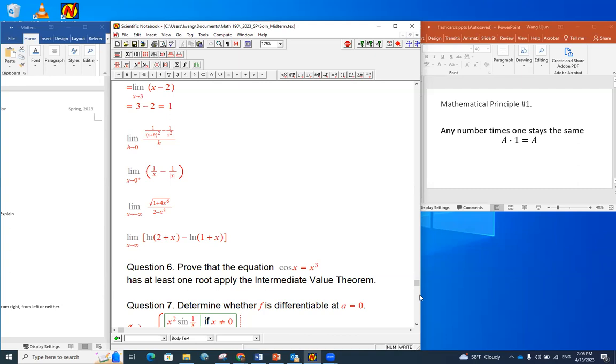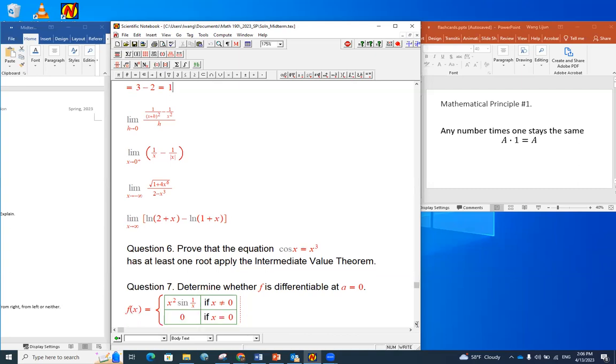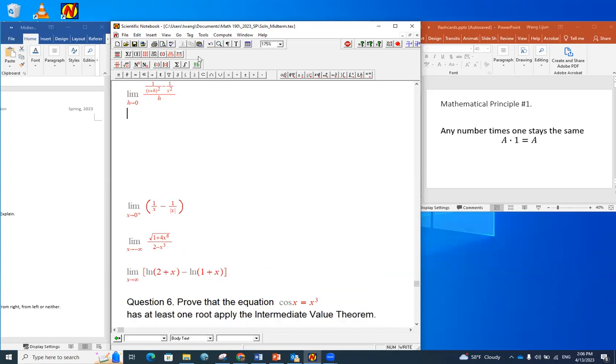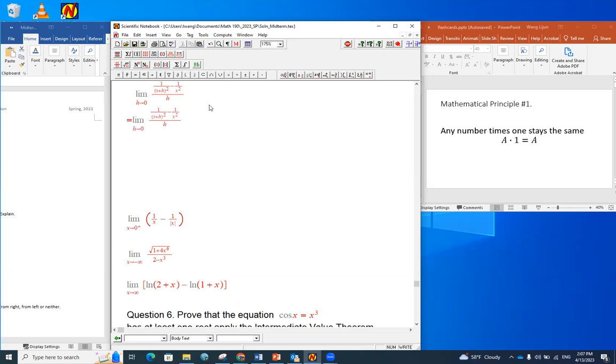The second one, okay, h is approaching 0, but h is not 0. So we're going to do some algebraic work. We're going to find a common denominator. Should I make the fonts a bit larger?